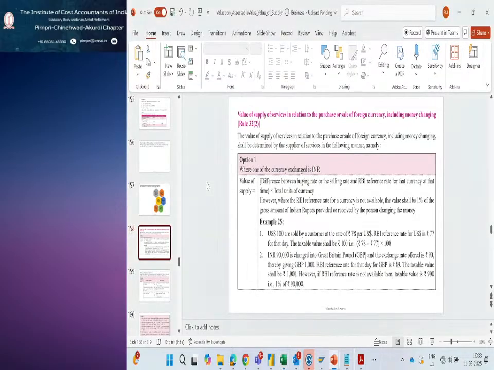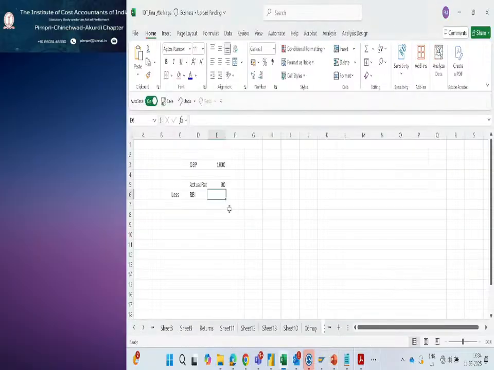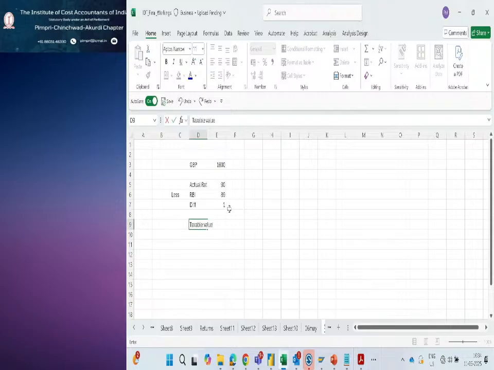What is the RBI exchange rate given? Reference rate 89. So go with that 89, and what is the difference here? 90 minus 89, 1, and the taxable value of supply, how we will be calculating? Which is 1 into 1000.